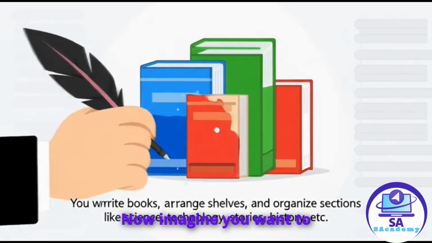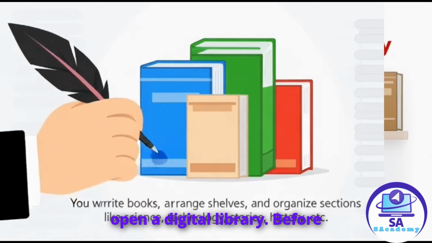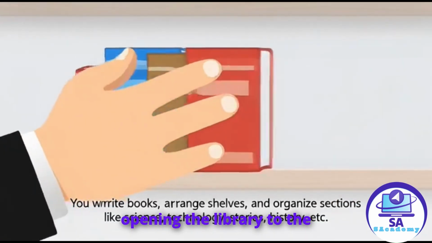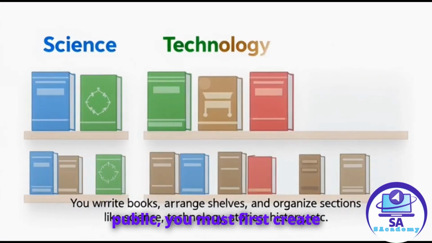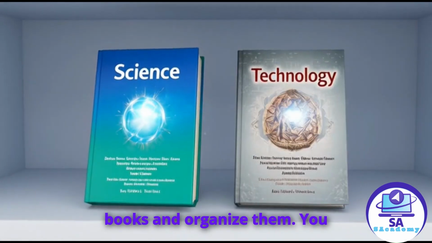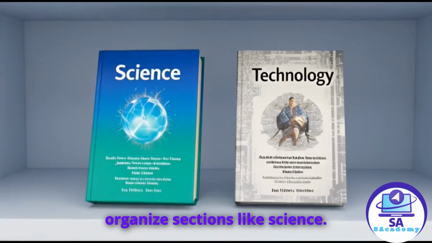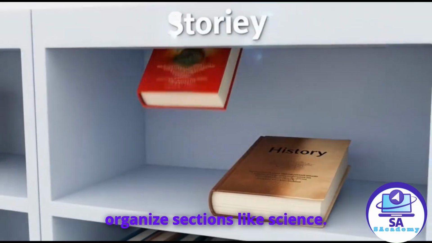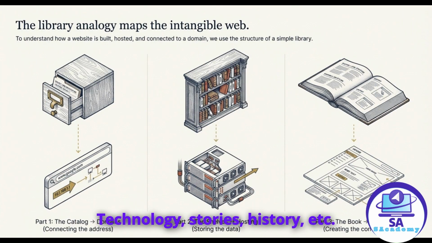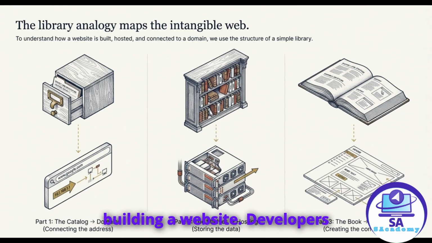Now imagine you want to open a digital library. Before opening the library to the public, you must first create books and organize them. You write books, arrange shelves, and organize sections like science, technology, stories, history, etc. This is similar to building a website.